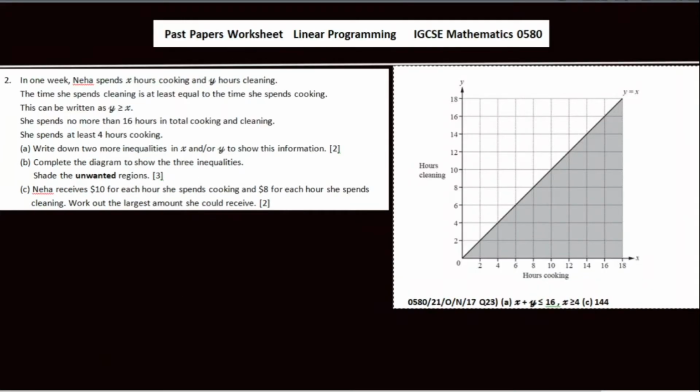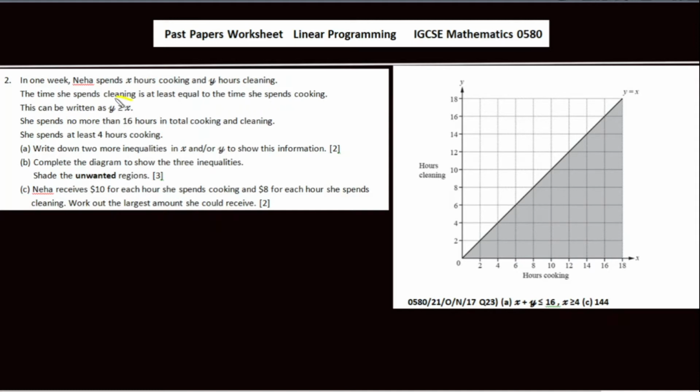In question number 2, what do we have to do? Okay, so in 1 week Neha spent x hours cooking and y hours cleaning. So the x-axis represents the number of hours spent cooking, the y-axis represents the number of hours spent cleaning. The time she spends cleaning is at least equal to the time she spends cooking.